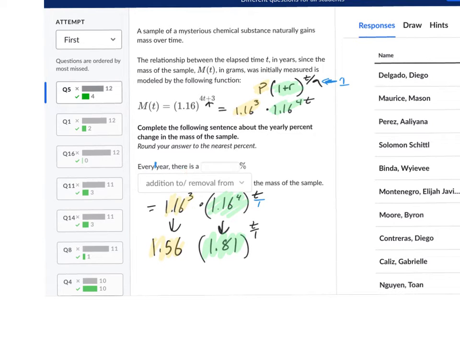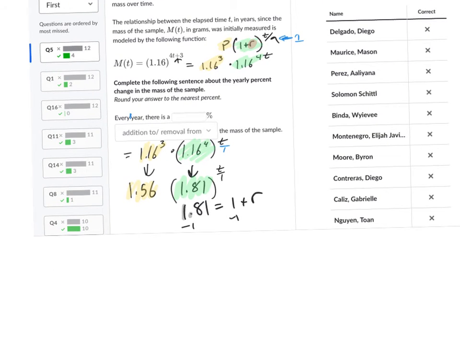Every 1 year, there is a percentage added to. Remember, percentage refers to the r value. Well, we didn't actually get the r value, but we could find it pretty easily because if you think about it, this 1.81 right here equals our 1 plus r. So we just subtract 1, and we get that r has to equal 0.81, which now we know what our r value is, and that means that we should be able to answer this as 81%.